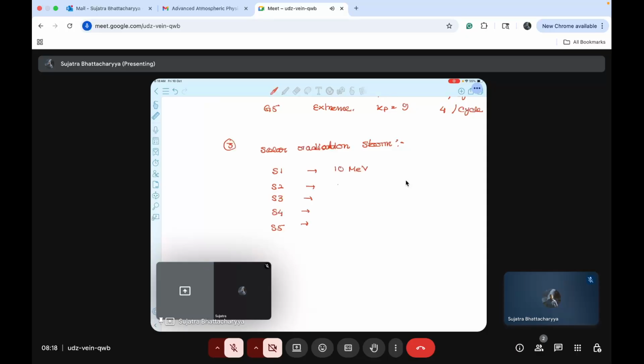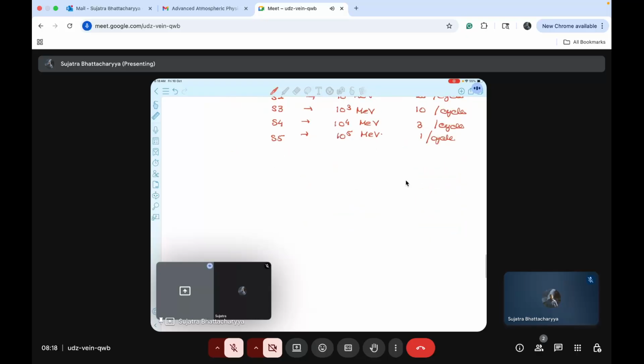So these are 10 square mega electron volt, 10 cube, 10 to the power 4, 10 to the power 5. So this way the intensity increases. Okay, and frequency is what? 50 per cycle. It's 25, 10, 3, and 1. This cycle is the solar cycle.